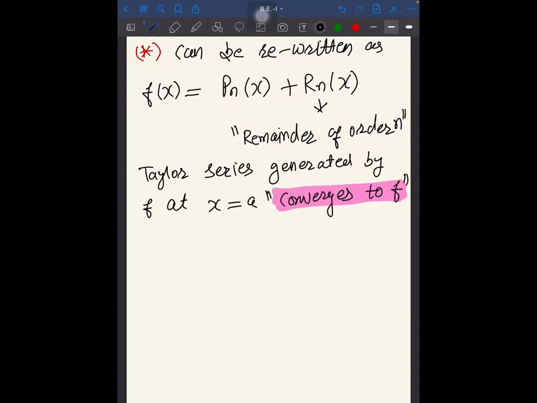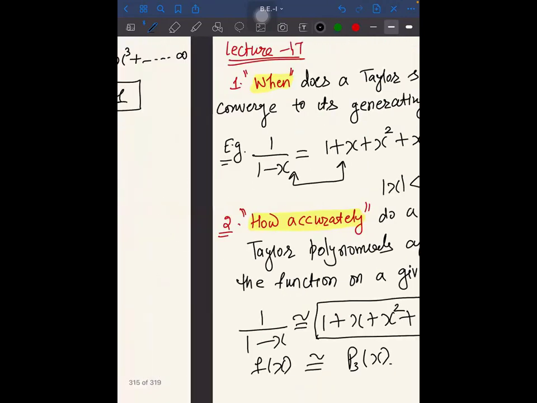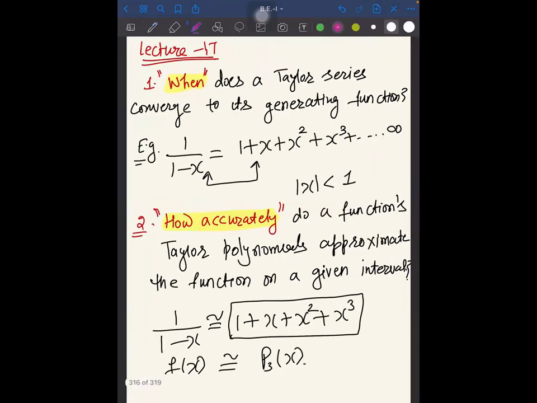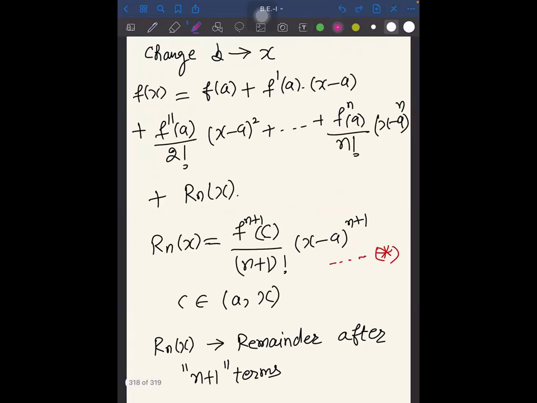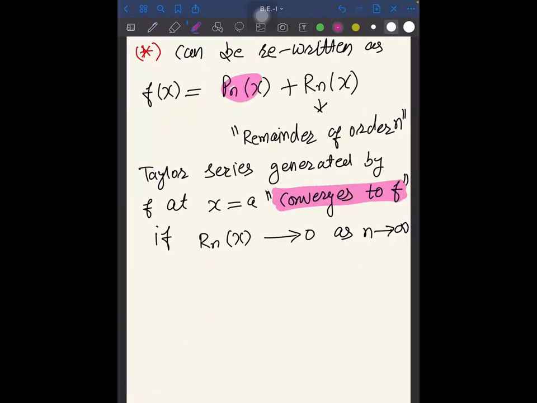If, now this is important term and you're gonna get it. If Rnx goes to 0 as n tends to infinity, right? You're getting my point? देखो मैं क्या कहना चाह रहा हूं, जैसे मैंने बिल्कुल पहले एग्जांपल ली. So what I'm trying to say is कि ये और ये दोनों बराबर होंगे, उस इंटरवल पे बराबर होंगे जहां पे अगर हमने एक हिस्सा पॉलिनोमियल का लिया है, दूसरा हमने लिया है रिमाइंडर का. So what we really want, we want that your Rn should vanish when I take the infinitely many terms, right?